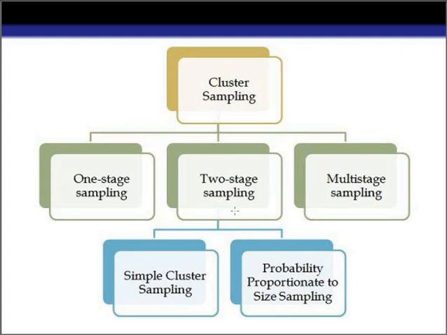Again, two-stage sampling is divided into two parts: first simple cluster sampling, then probability proportional to size sampling. In the previous part we discussed cluster sampling and one-stage sampling in detail. In this part we will talk about two-stage sampling and simple cluster sampling, and in the next part we will discuss probability proportional to size sampling.